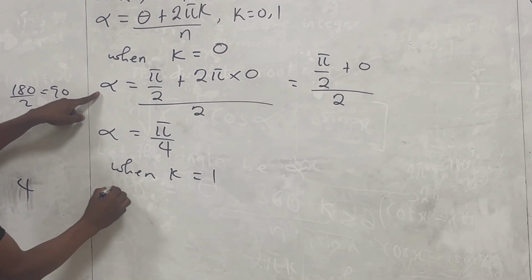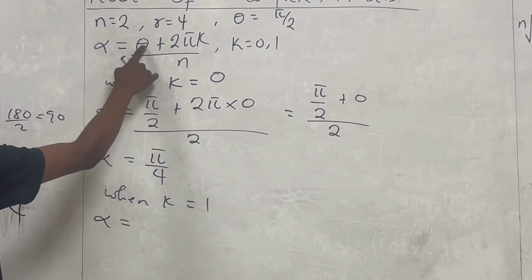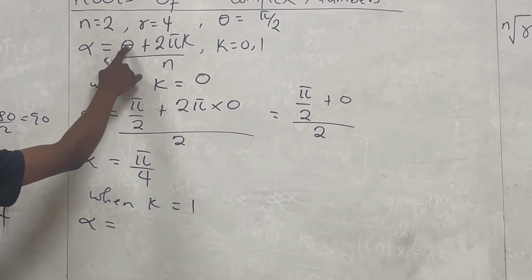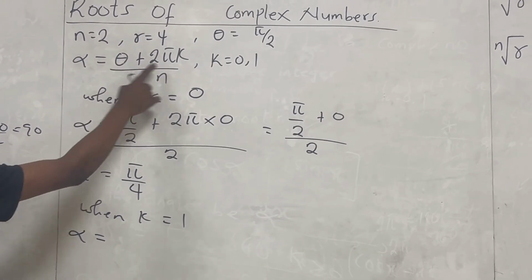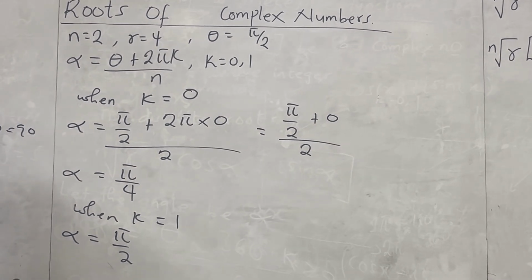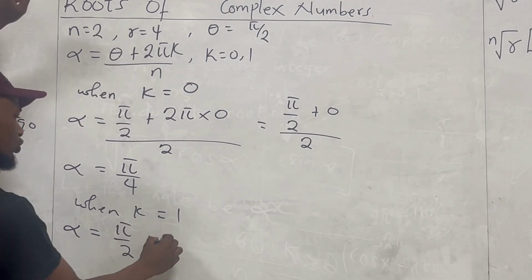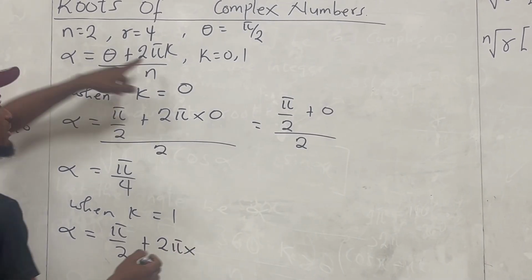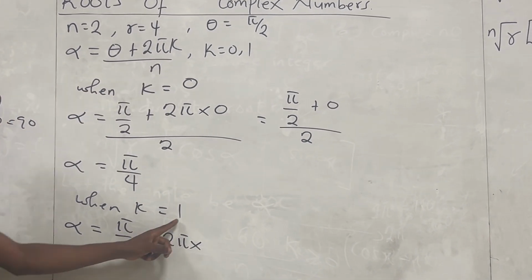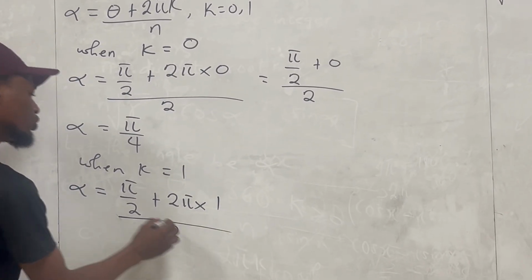I have alpha is equal to, this is the formula, the angle, which is pi on 2 plus 2 pi, then times the k. But when k is 1, times 1 all over 2.